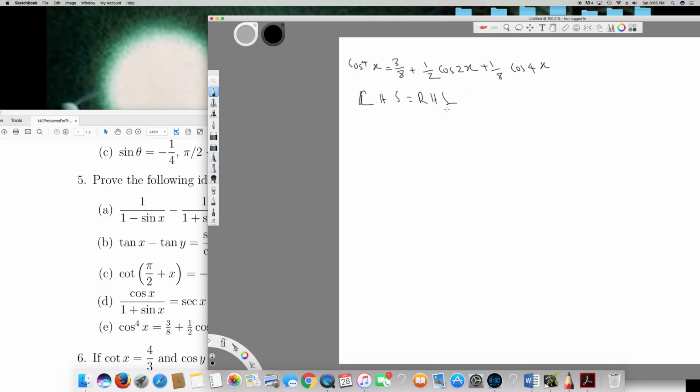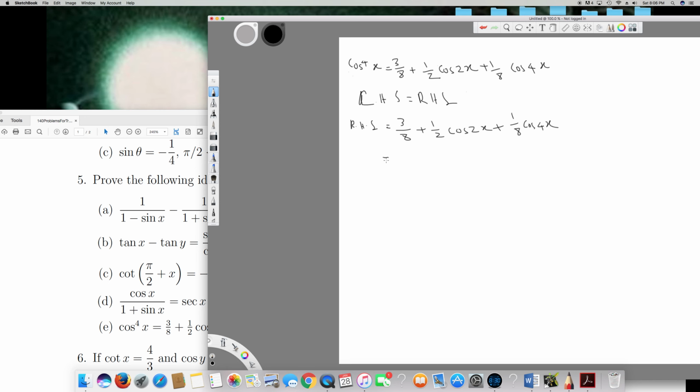So in this question, the left hand side seems very small, and the right hand side looks more complicated. The best thing to do is shrink the complicated thing into the easiest form. So I'm going to take the right hand side: 3 over 8 plus half cos 2x plus 1 over 8 cos 4x.